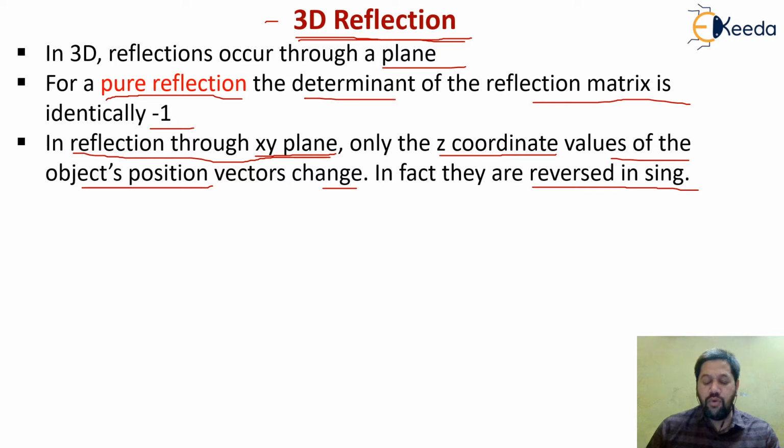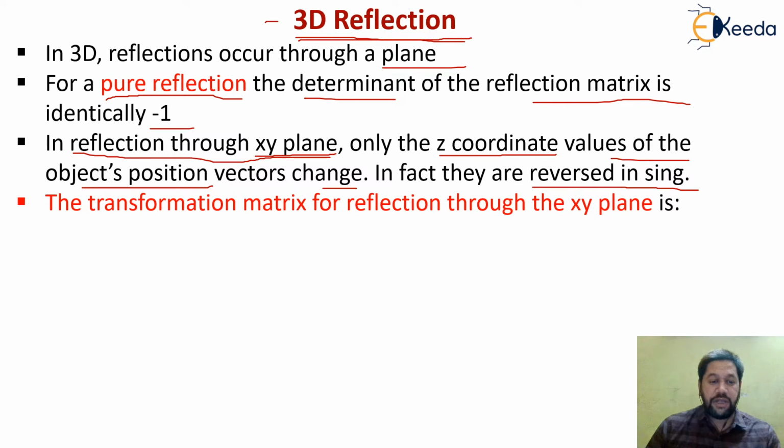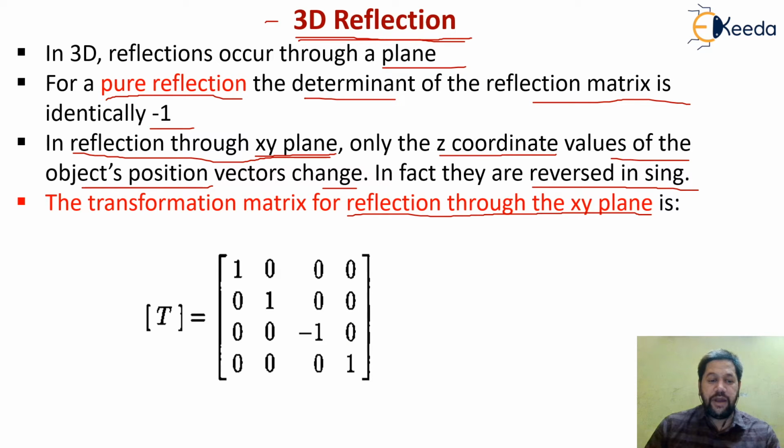Now let us consider what the transformation matrix is. The transformation matrix T for reflection through the xy plane is this. As I told, this value is x, this is y, this is z, and this is for h.